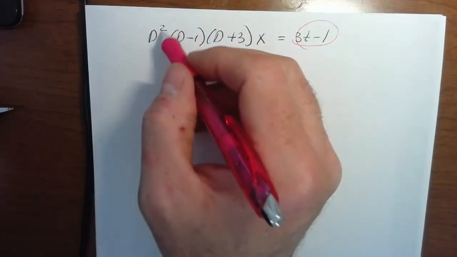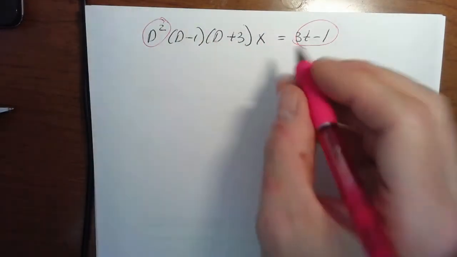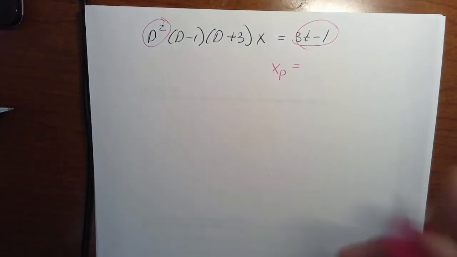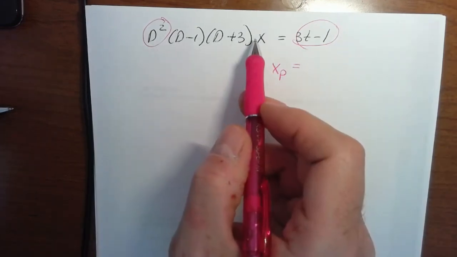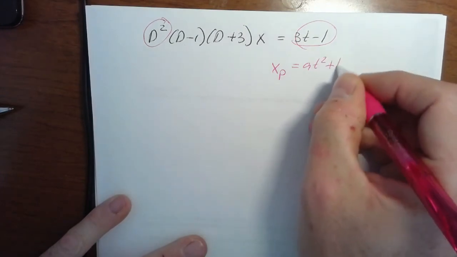This is in the kernel of this. So our particular solution is going to have to be a quadratic. But putting a quadratic through all of this would be a nightmare. But it would be sufficient to just match this.